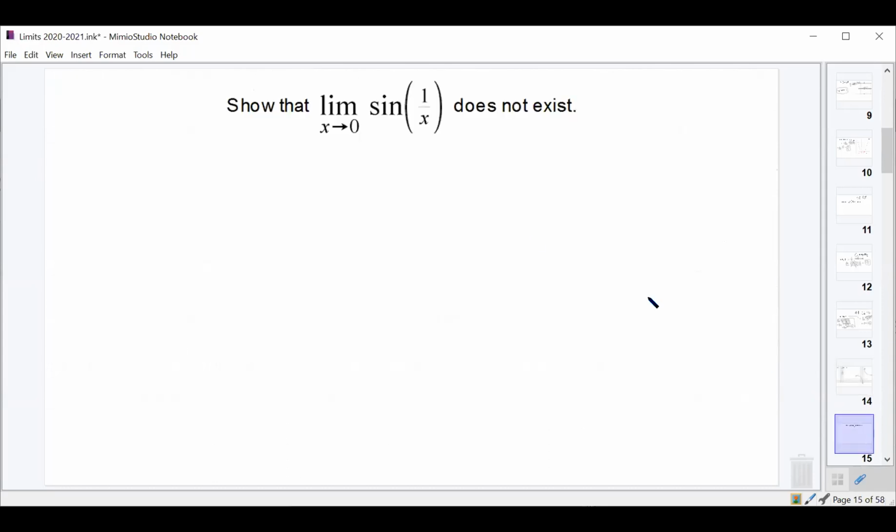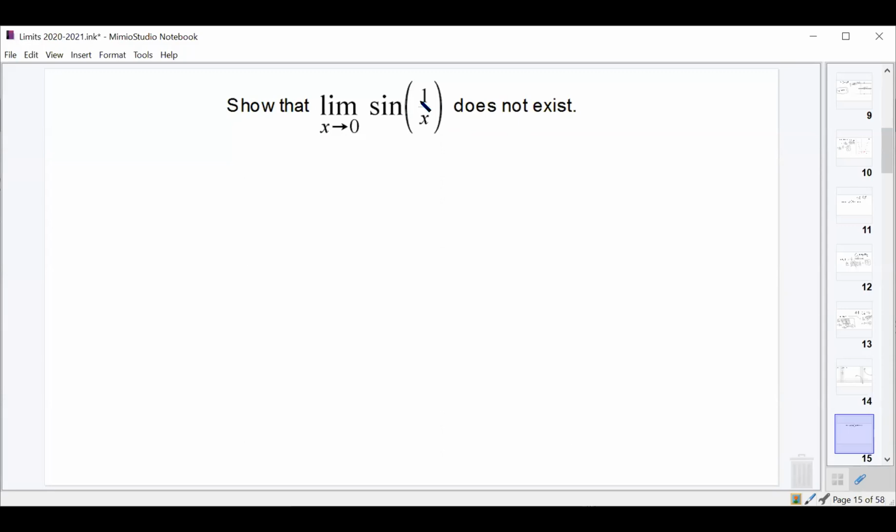Let's look at this one. So here's what I'd like you to do. On Desmos or on your graphing calculator, take a look at this graph and see if you can come up with a reason why this limit doesn't exist. I'll give you a minute or two to look at that and think about it. So either get your graphing calculator or Desmos and graph the sine of 1 over x.